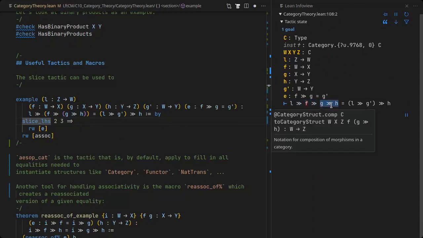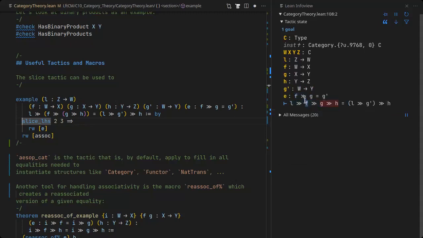Oftentimes we want to change a small portion of a huge chain composition of morphisms, and we have to rewrite along the associativity axiom quite a lot of times in bigger terms. This is a really small example.